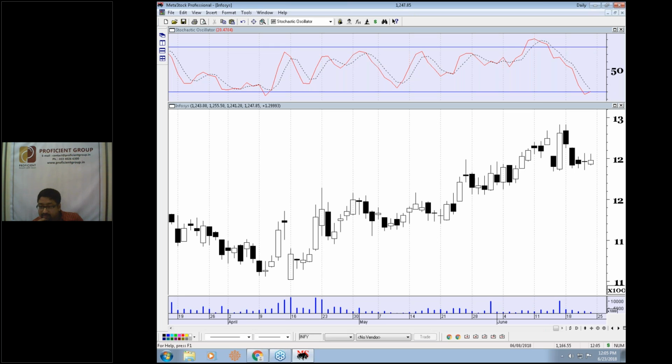But this week there was a pullback, and a new bottom is probably being made, right? The bottom is being made at around 1236 region. Right now the prices are 1248, 47 region. So if the 1230 region is not broken next week, the chances are very high the prices will be making a new lifetime high, and 1300 will be approached by this stock.